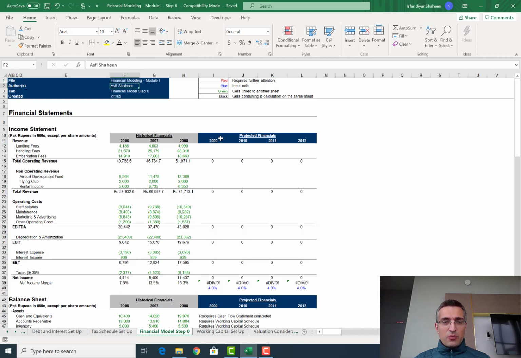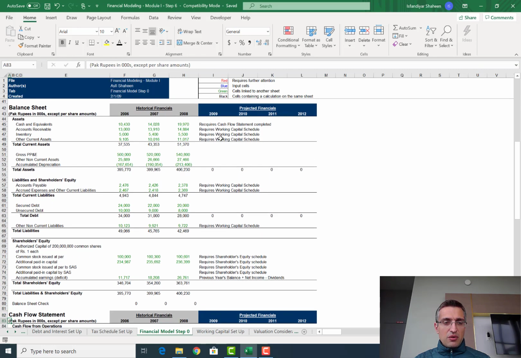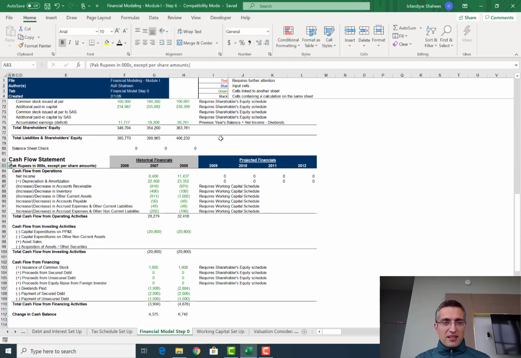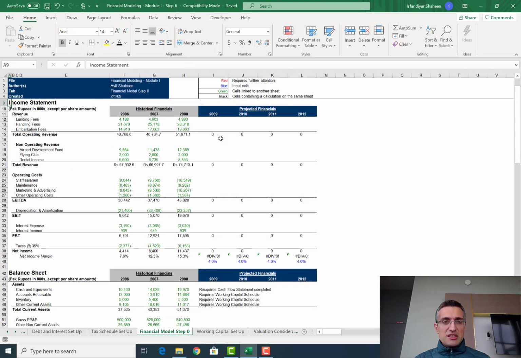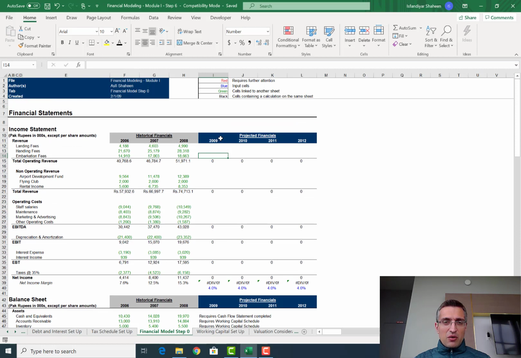One quick thing I want to do just to make a point about model architecture. In my financial model step 0, you're going to notice that I'm keeping my income statement, balance sheet, and cash flow in one sheet. And since I've now made my operating model, I'd like to now link or populate this income statement from operating model step 0.